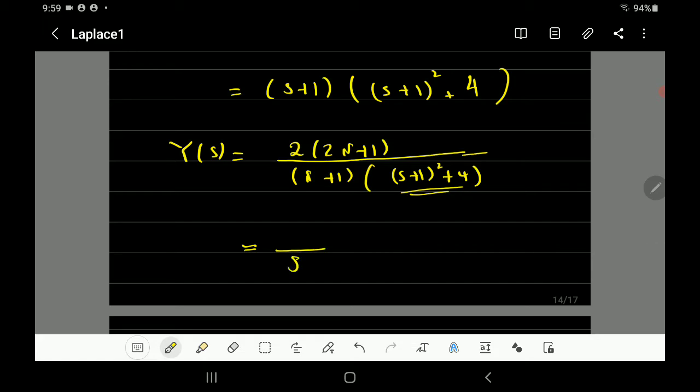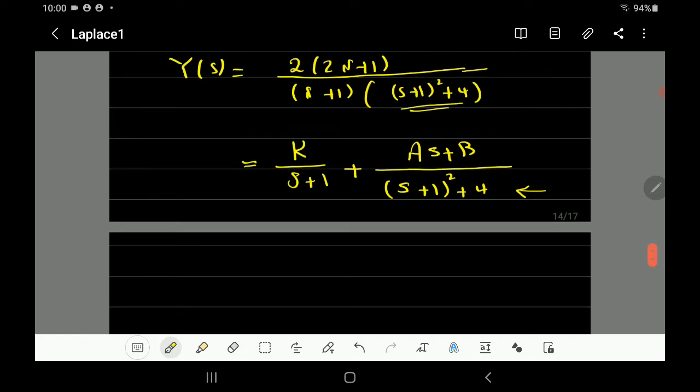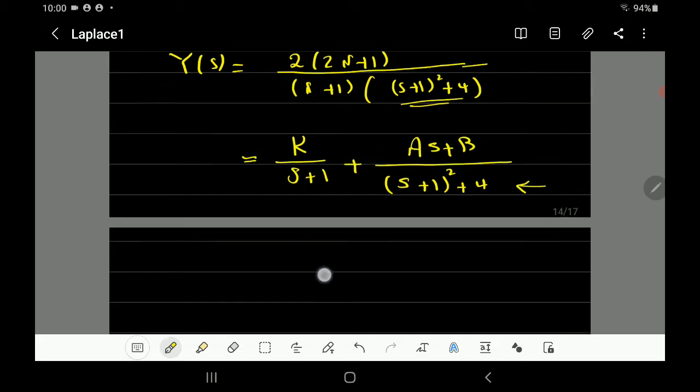The first one is over s plus 1, you have a constant k, plus something over (s plus 1) squared plus 4. This denominator is of order 2, so the top should be a polynomial of order 1, like as plus b. So our task now is to find the values of k, a, and b.